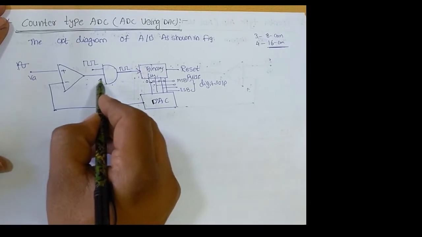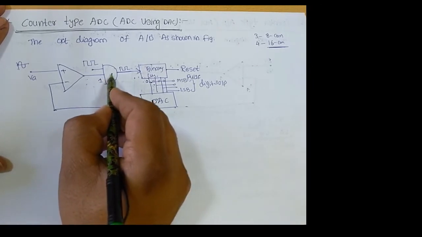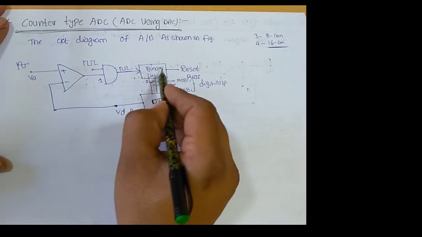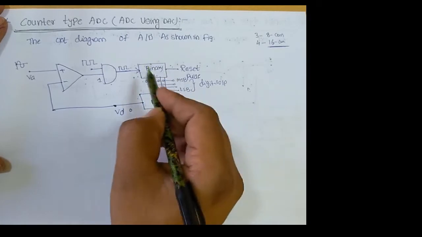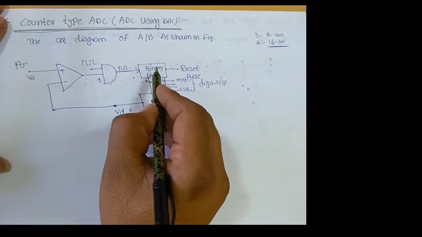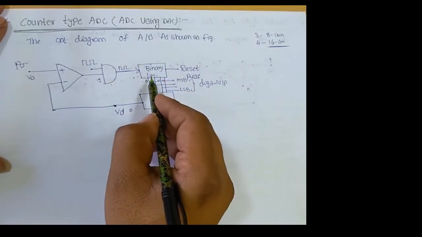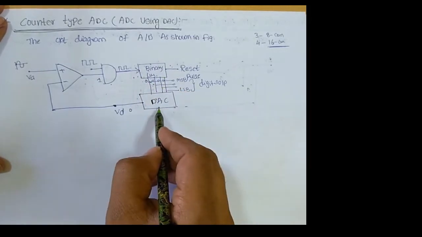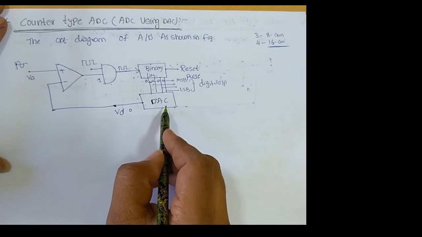With this logic 1, the AND gate passes the clock pulse, and these clock pulses are given to the input of the binary counter. Again the binary counter counts these clock pulses and provides the binary output, and these binary outputs are given to the input of the digital to analog converter.